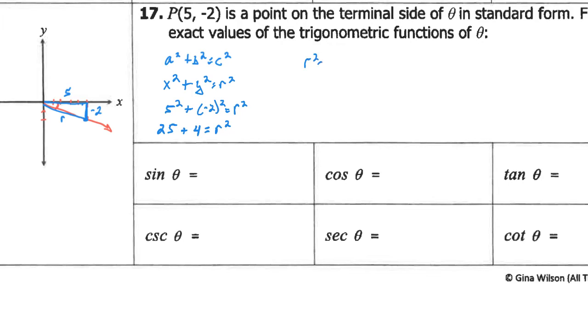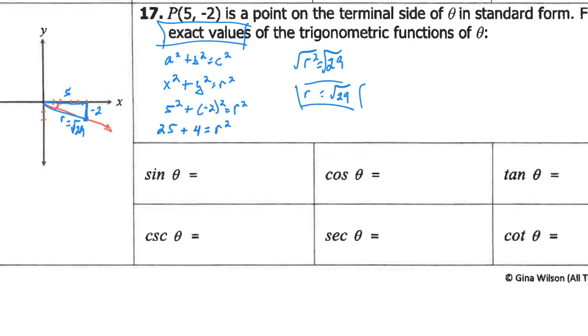So r squared is 29. And then we have to square root that to get the r. So r is equal to the square root of 29. Now you could change that to a decimal. I'm just going to leave it that because it's asking for the exact values. Okay, so we want the exact value, so we're going to use this square root of 29 for the r value. And we can label that on our triangle over there to the left.